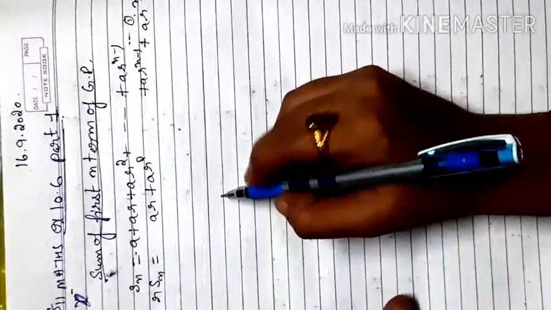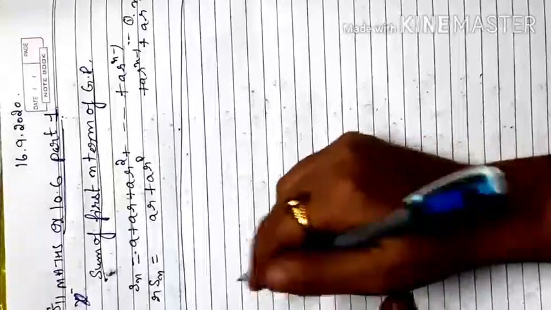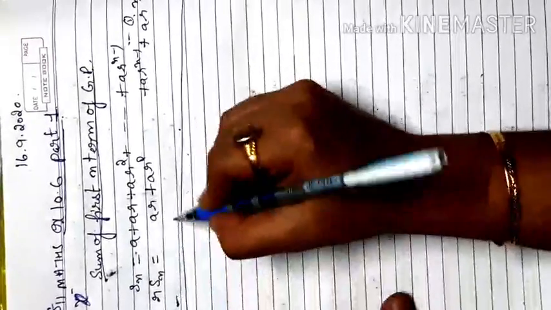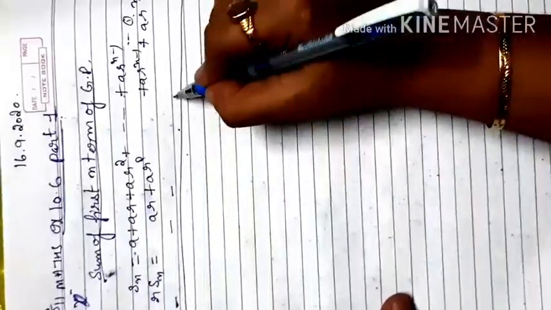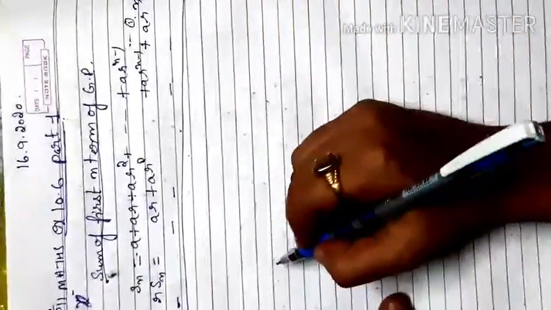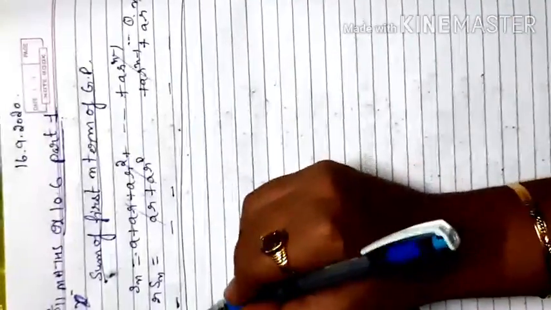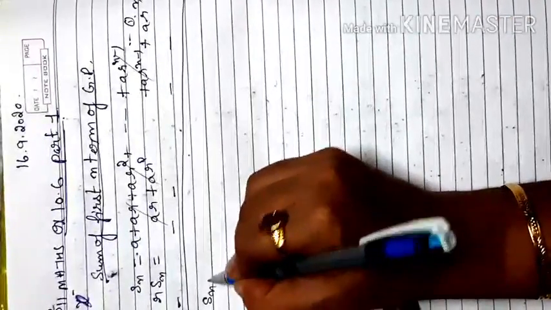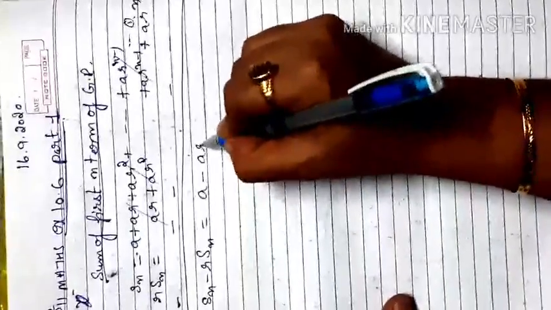Now if you are going to subtract the terms, you very well know that the sign is changed. So this term and this term will be cancelled with each other. Only one term is left: Sn minus rSn is equal to a minus ar^n.